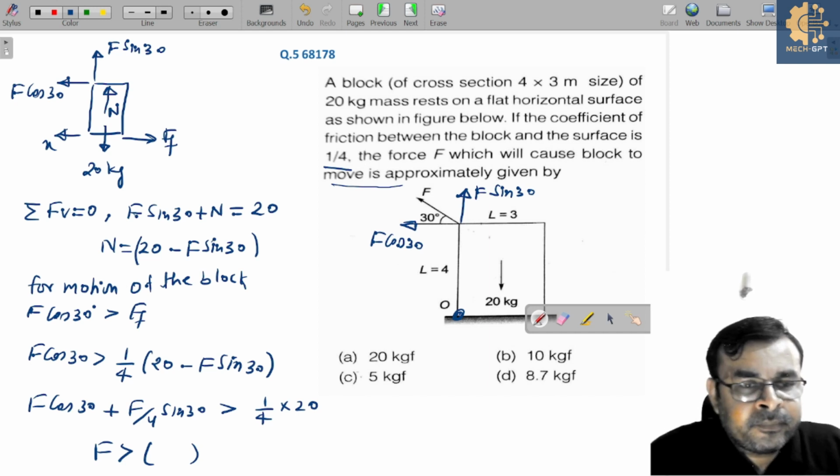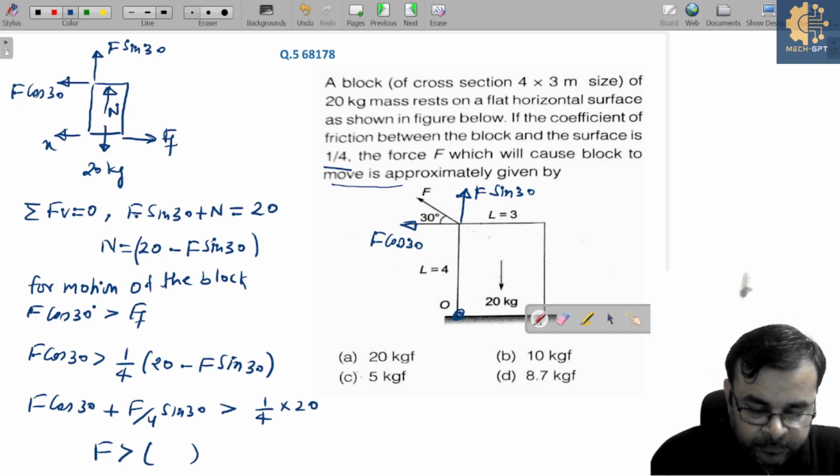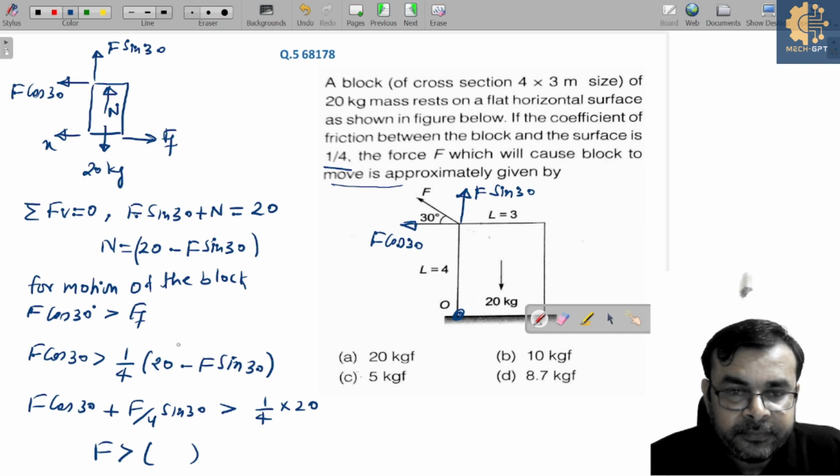So let's see, if we simplify this expression, then what we will get here. So this is the condition at which this block can move. Yes or no?